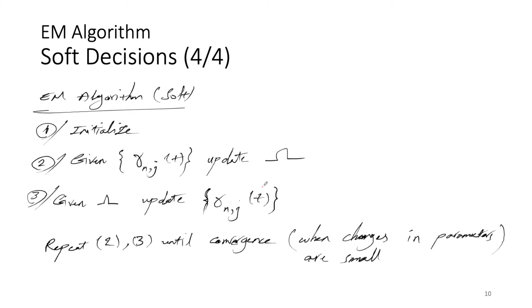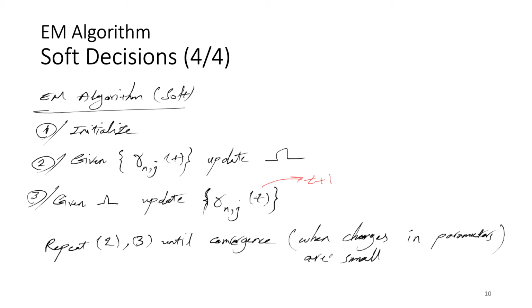This is actually referring to time t plus 1, if you want to be super accurate. Again, at t plus 1 we're going to do this, and then t plus 2 becomes here. So we repeat 2 and 3 up to convergence.